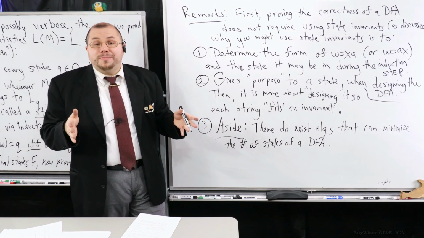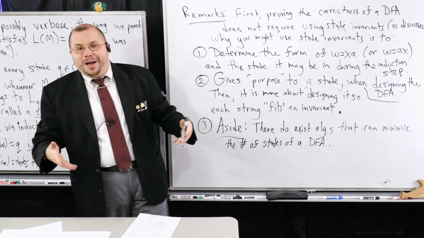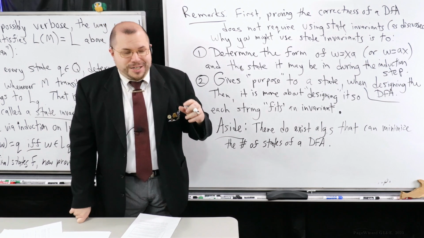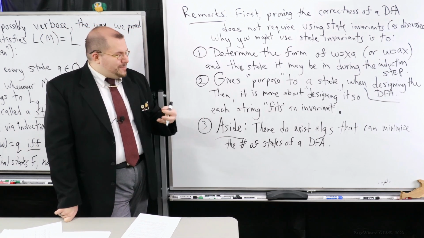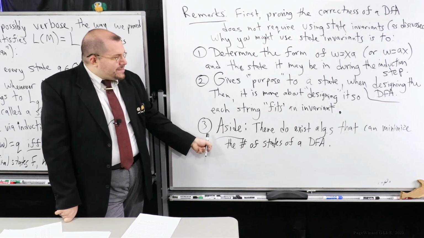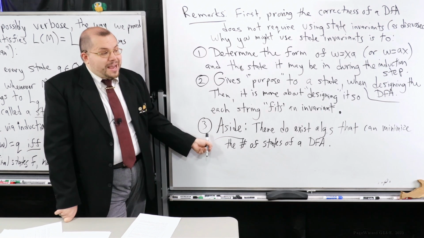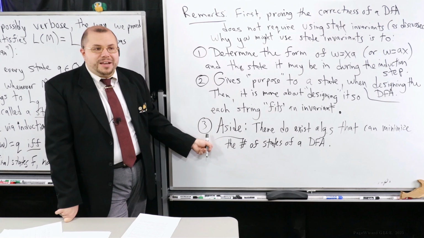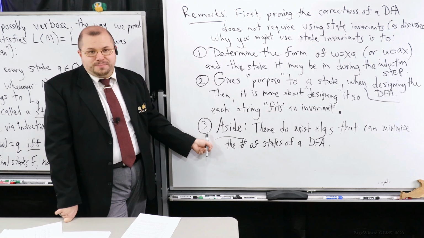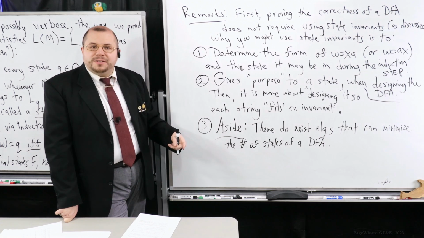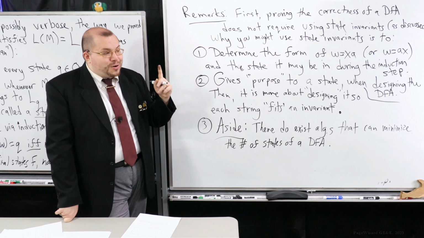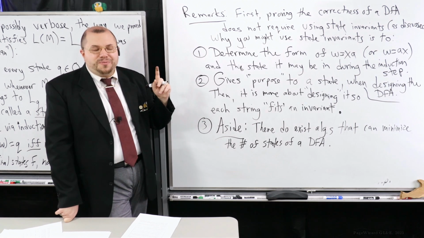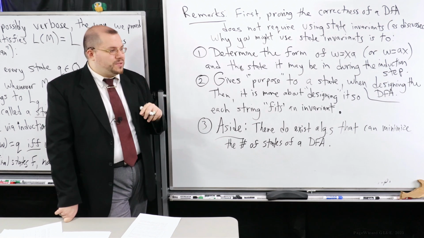However, it may become incoherent exactly how and why it works, unless you actually carefully study it, which you, of course, can. But the thing I'm saying is that if there exists an algorithm that can correctly take your DFA and construct another DFA with the minimum number of states possible, it may be more important to focus on designing a DFA in a way that you can prove it is correct, more so than focusing on having one with the smallest number of states.